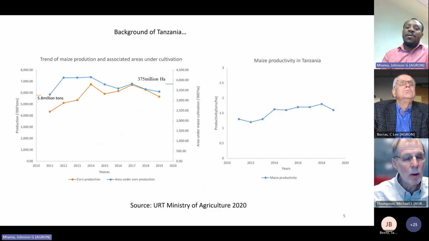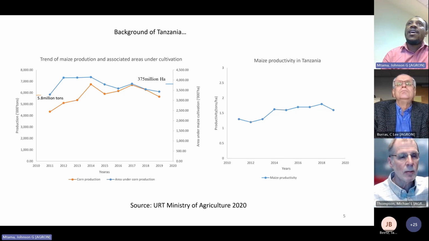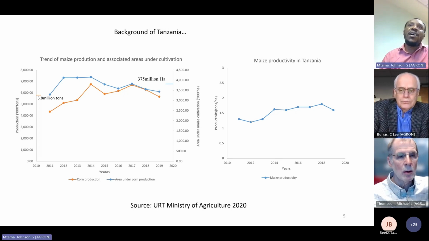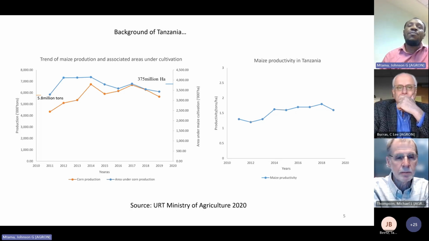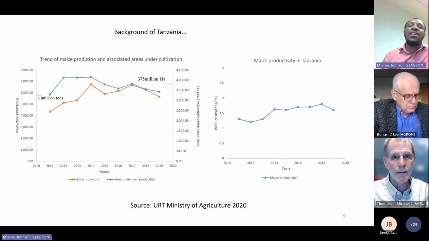So right on the left-hand side, you can see the record on maize production in the country between 2011 and 2019. In this time, Tanzania produced around 6 million tons of maize from 375 million hectares.